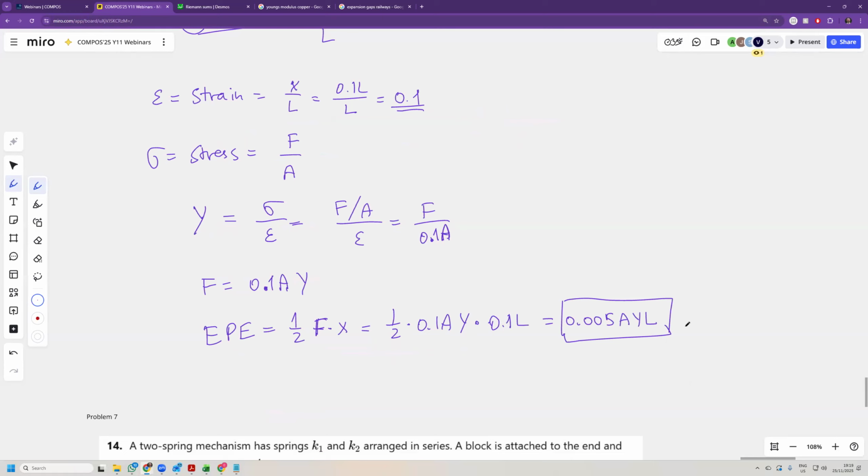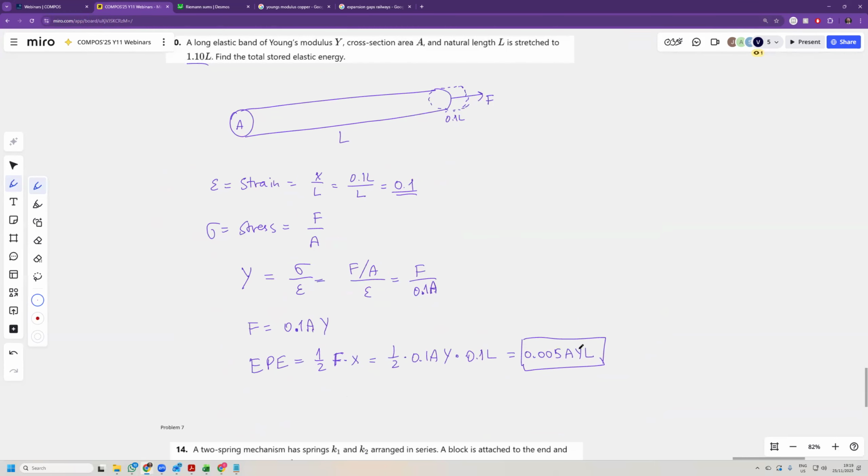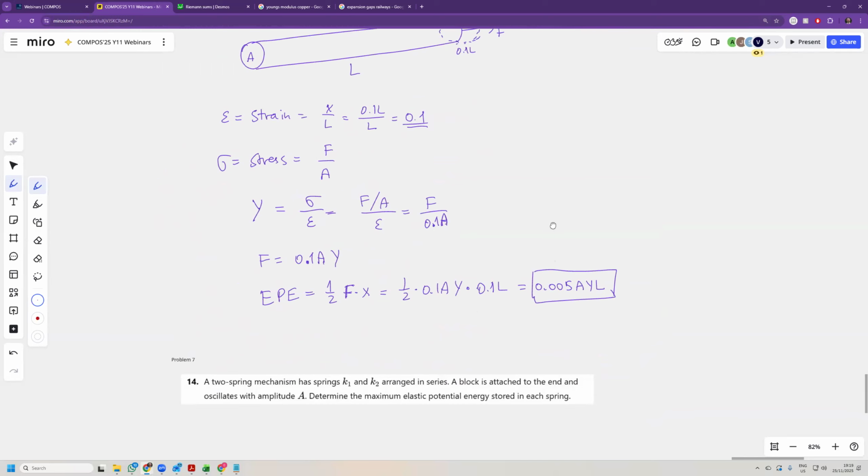And of course you can see that the longer it is, the more energy is stored.